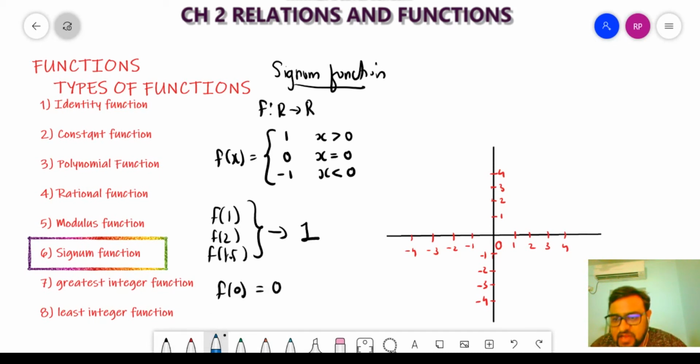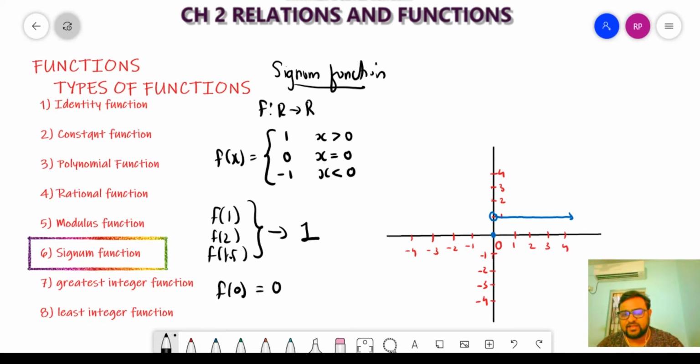When I draw a graph at 0, I don't need to take 1. So I'm drawing a hollow circle. Hollow circle means that point is not taken. That is the starting point, but that is not included. And if the number is greater than 0, the answer will always be 1. When f of 0, it is 0.